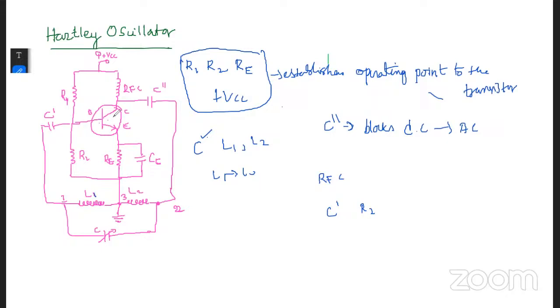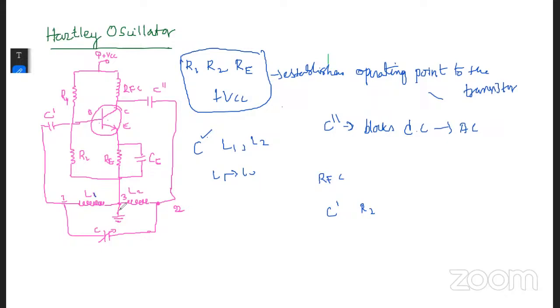Here the energy is fed back into the circuit by means of mutual inductance between L1 and L2. This energy supplied to the tank circuit overcomes the losses occurring in it, and consequently the oscillations are sustained in the circuit.